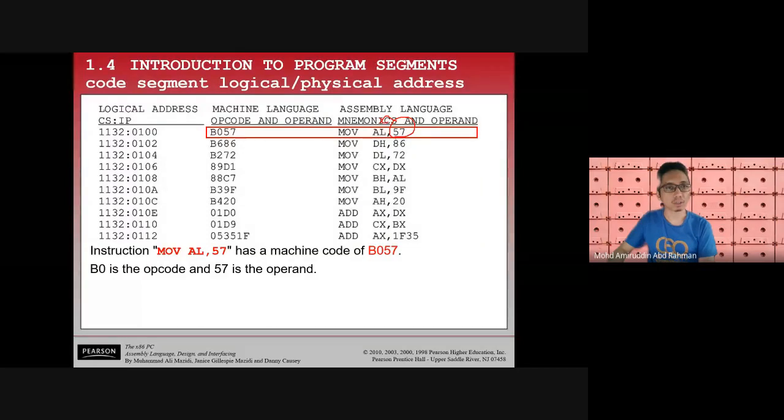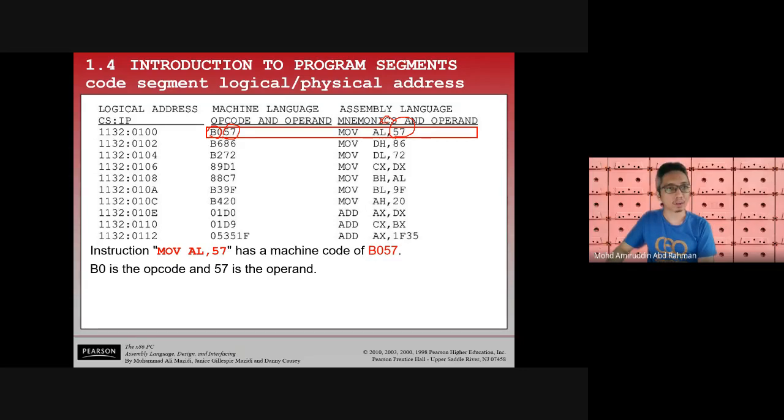For the code over here, it remains B0, and then the operand is 57. So the opcode is B0, move to AL.